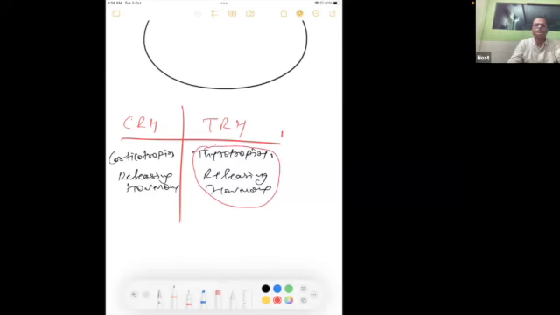The thyrotropin will go to the pituitary gland, then tell the pituitary, okay, secrete this much TSH. CRH also goes to the pituitary gland and tells it, okay, do the secretion of ACTH only in this limit.